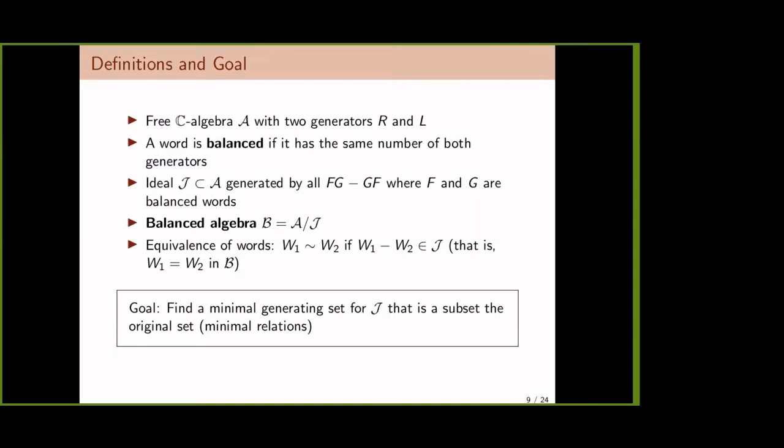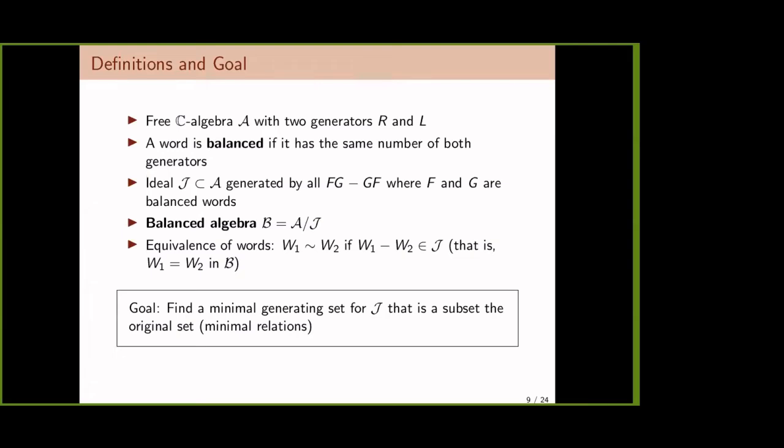Okay, so what is our goal? We find a minimal generating set for this ideal J. And to be very clear of what we're doing, we want to find a minimal generating set that is a subset of the original set.